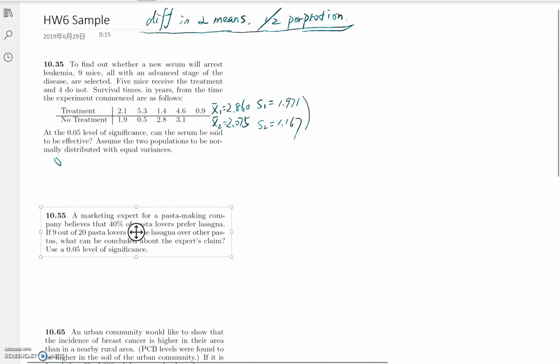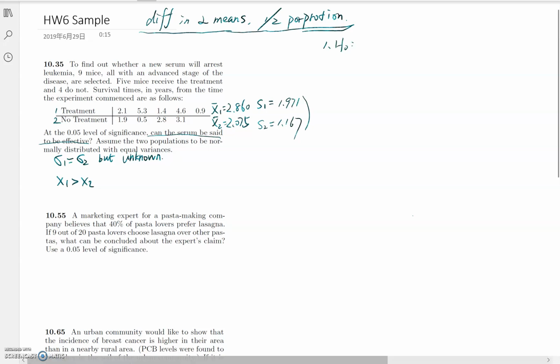From the problem setting we know sigma 1 equals sigma 2, but unknown. How can we see the serum to be effective? That means x1 should be greater than x2. Here's 1, here's 2, right? So we write the hypothesis here.